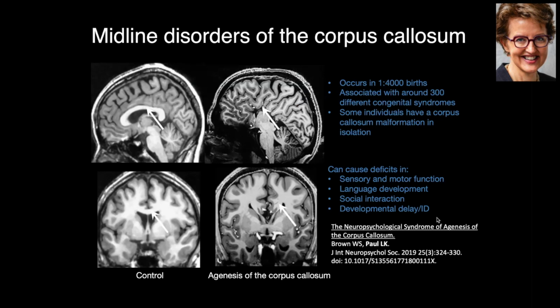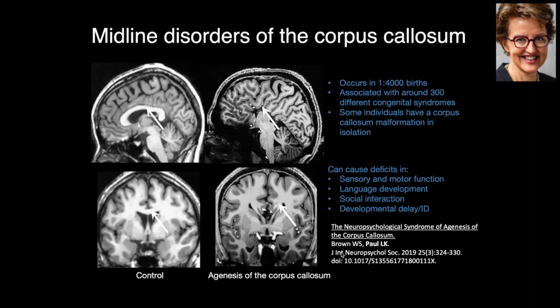In other individuals, they actually function really quite well in society, hold down jobs, and may not have even really realized that they had this corpus callosum disorder unless they had identified it through an incidental finding, having an MRI for another reason.